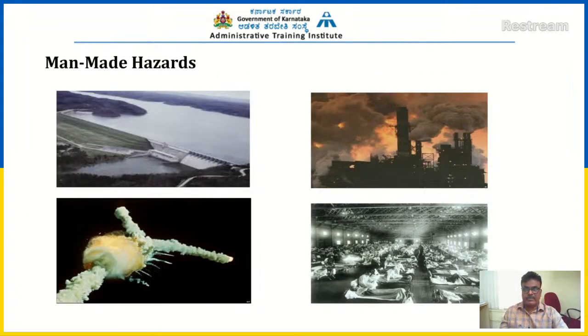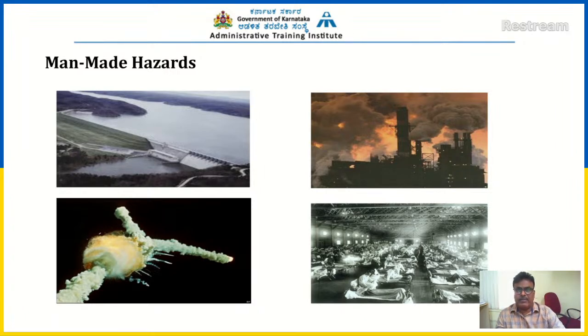See here also, even dam burst. Recently, the Government of India has brought a Dam Safety Act. Why have they brought the Dam Safety Act? Because more than 6,000, 7,000 dams have been built across the country, and most of them are masonry dams with some concrete dams which were built very long ago. They are very weak.